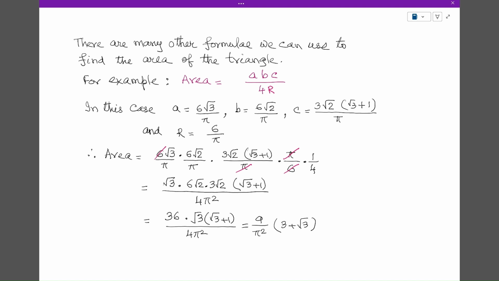Hence, we get area is equal to, after cancelling out many terms, like this will cancel out with this, this will cancel out with this.